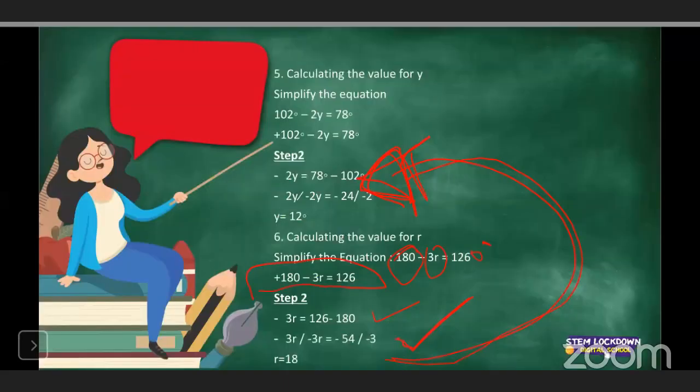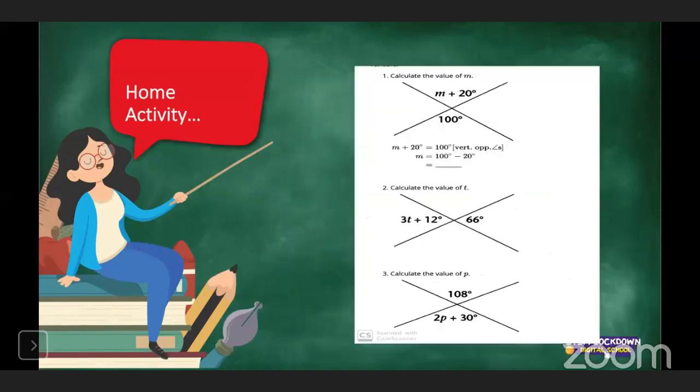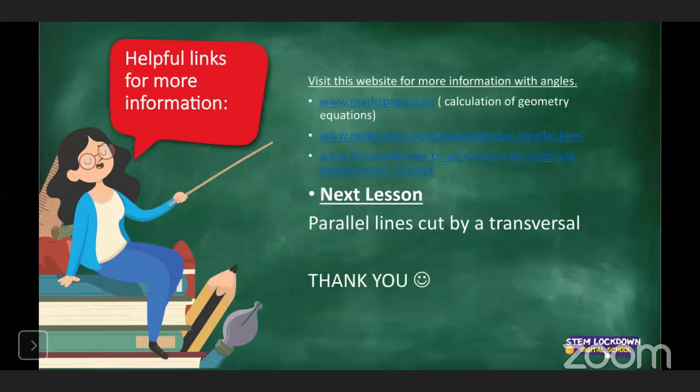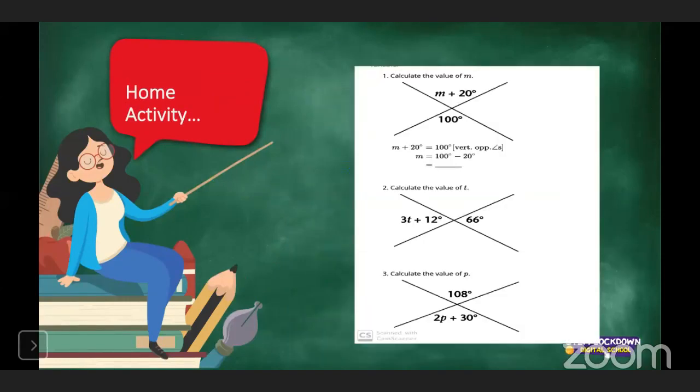Perfect. And I know most of you guys got this one right. So let's do this one again, guys. Let's do number 1 first. Number 1, they say calculate the value for m. We're only calculating the value for m.